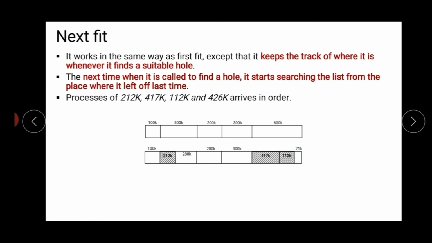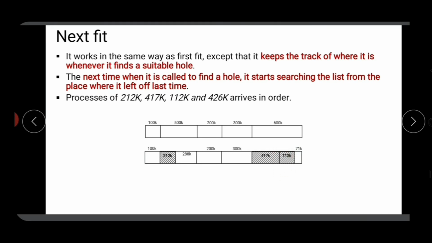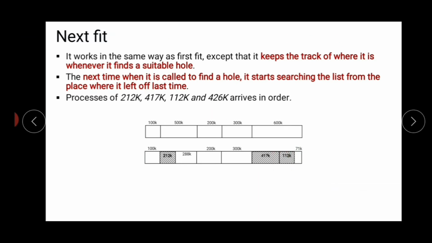So now our search has stopped over here, and suppose the next process comes into the picture, which is 112K. Now the search will begin from here itself. The rest of the memory is also enough for this process, so this process will be allocated here. Now our next process comes into the picture, that is 426K.